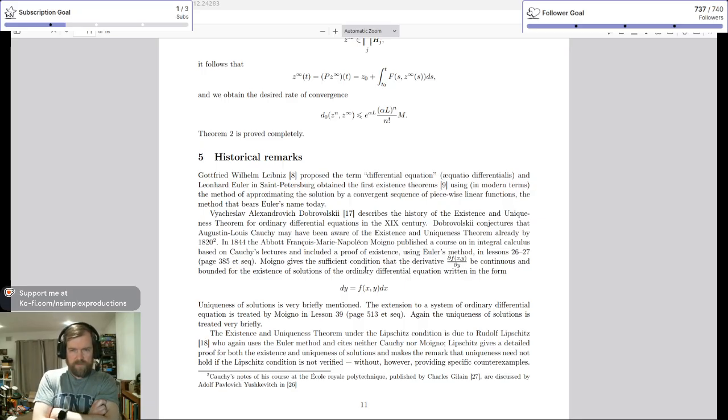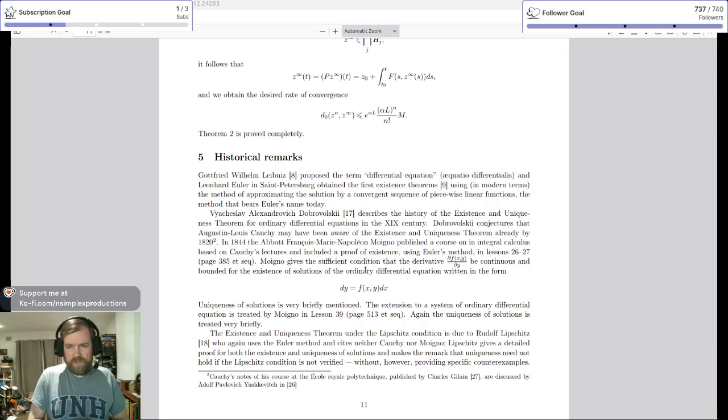Moignot gives the sufficient condition that the partial derivative of f with respect to y be continuous and bounded for existence of solutions of the ordinary differential equation when written in the form dy = f(x,y) dx. Uniqueness of solutions is very briefly mentioned.